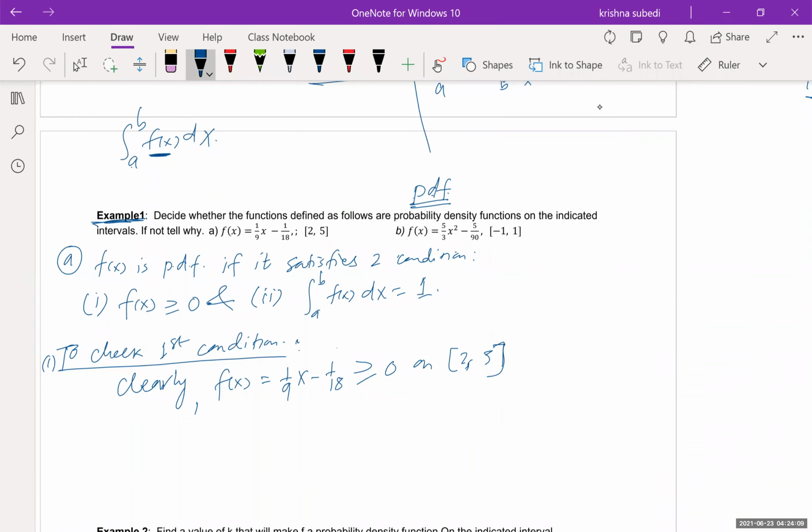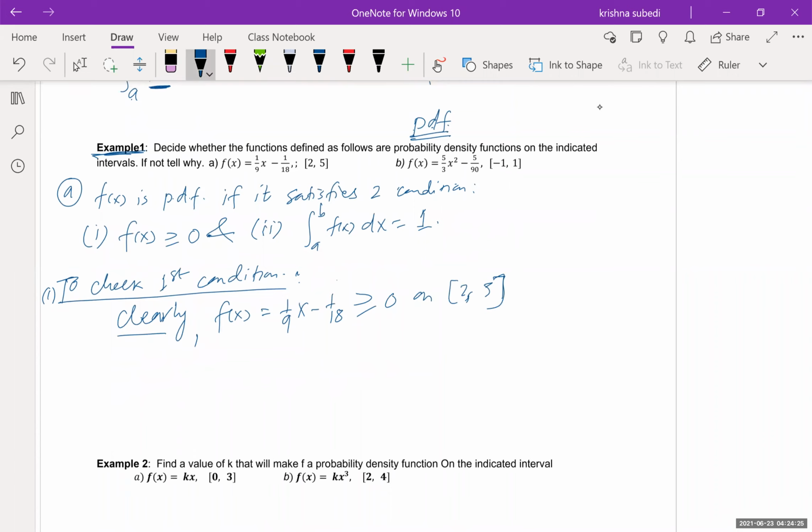So it satisfies that condition. And you can simply write clearly. It doesn't require any rigorous mathematical proof. You don't need rocket science to say this. Just say obviously.